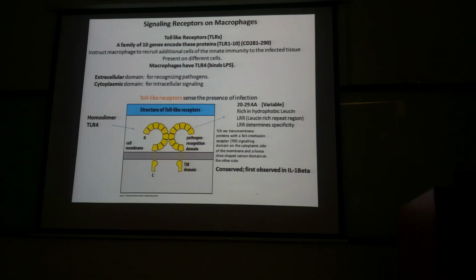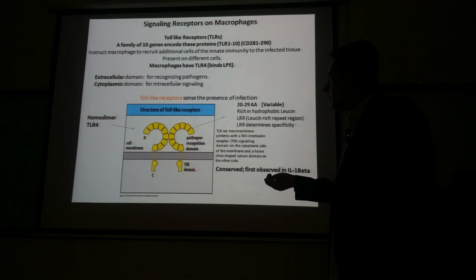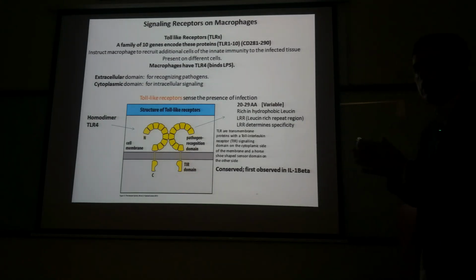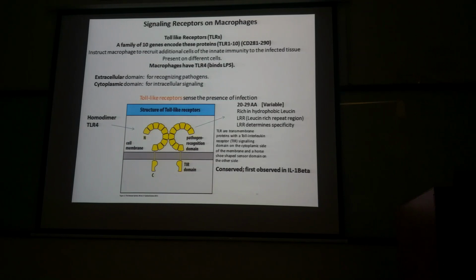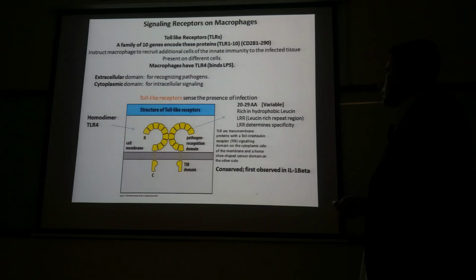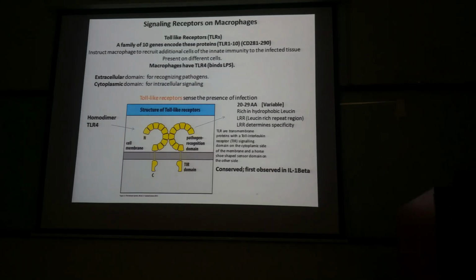But the signal which should be generated here with the help of the TIR domain should be a single one to lead to this process of inflammation, or to lead to a particular pathway that leads to starting this process of inflammation.